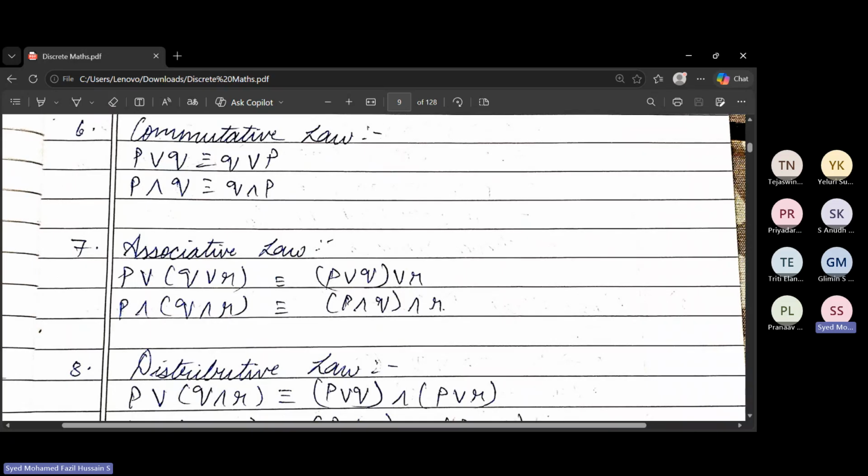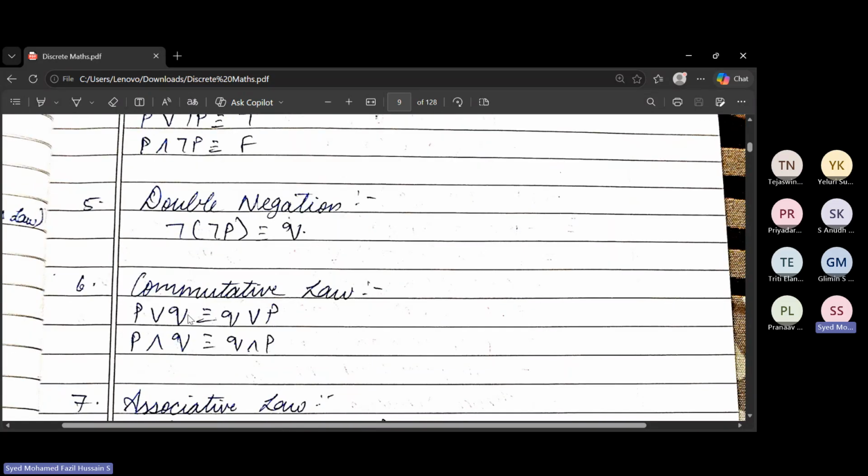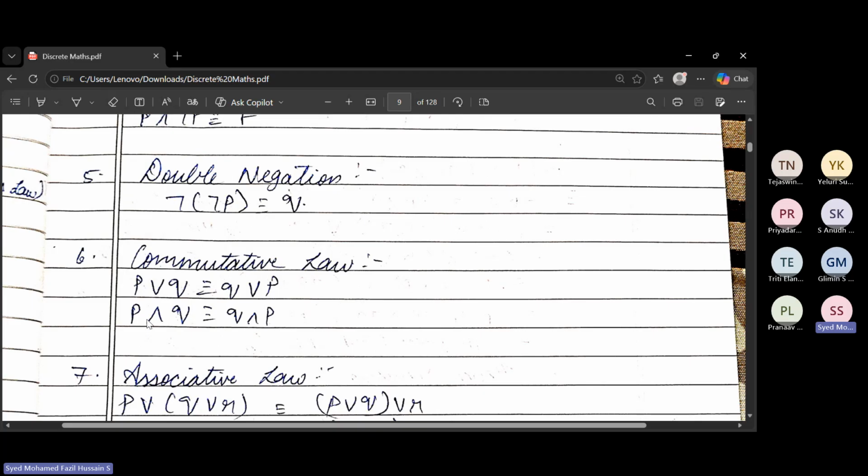Okay, here if p or q or r is given in this associative law, as you can see, q or r and p or q are interchangeable. I mean, these both are equivalent. Even if you do one before another, it will give the same result. In commutative law, p or q will be equivalent to q or p. Changing the order will not affect it. It applies for both or and and.